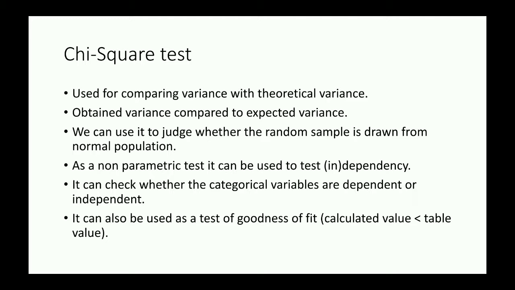So you can use a chi-square on that data, and in this case, if the calculated value is less than the table value, you take it as a goodness of fit. However, in other cases, the calculated value has to be greater than the table value. But when you are running a goodness of fit test, the calculated value has to be less than the table value.